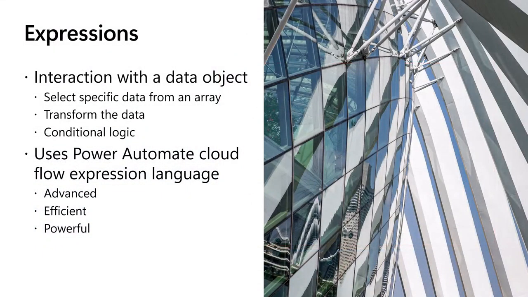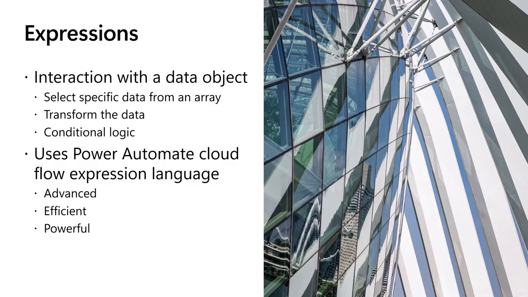Power Automate expressions allow us to interact with a data object, and we do this using the Power Automate Cloudflow expression language. It's a more advanced way of writing your Power Automate cloud flows, but they can help them to run in a more efficient and a more powerful way. And we'll be using these within the exercises.